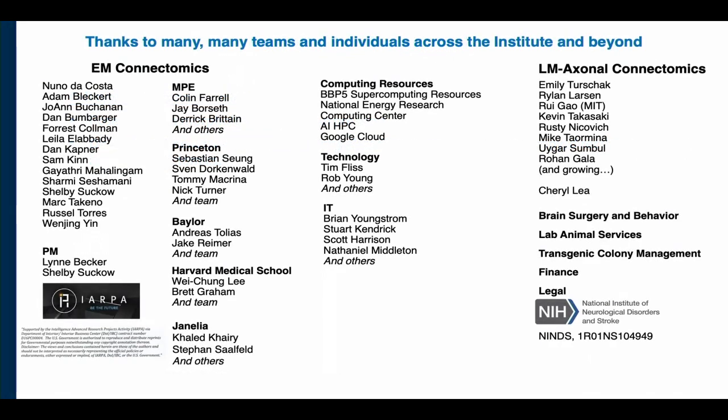And here's the list of all the great people working on this with last names too, on the EM on the left, and LM, light microscopy, axonal connectomics, a growing team on the right.